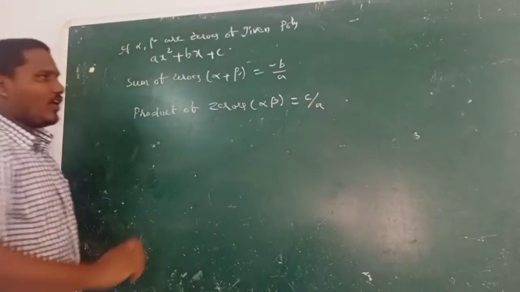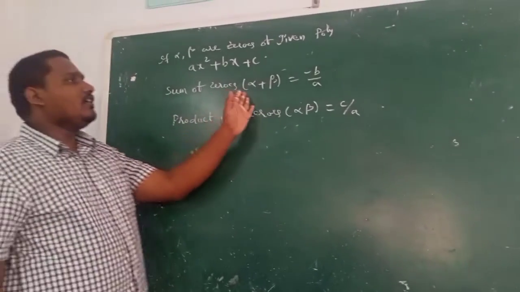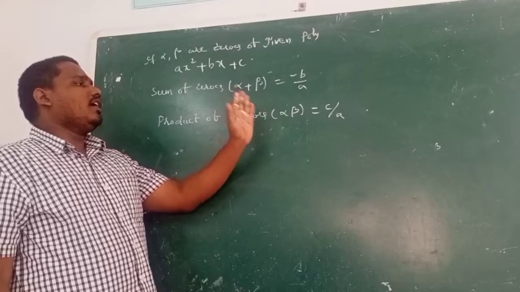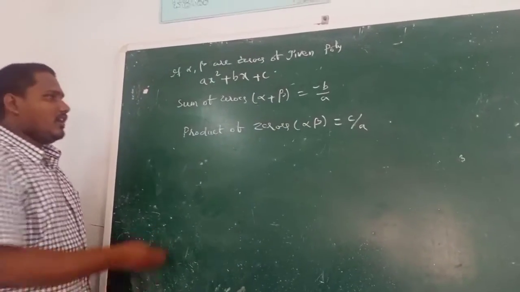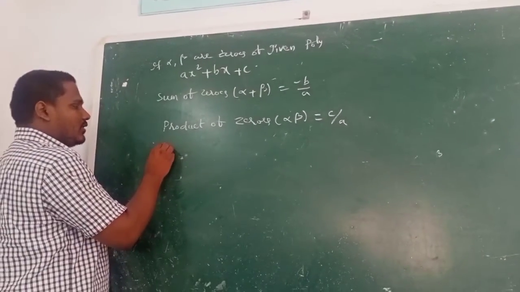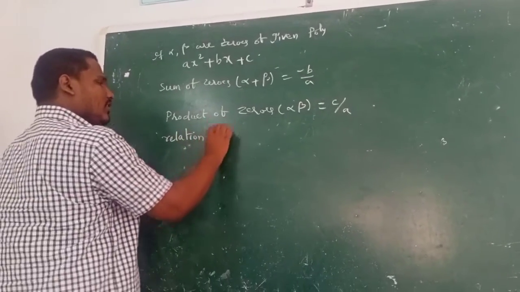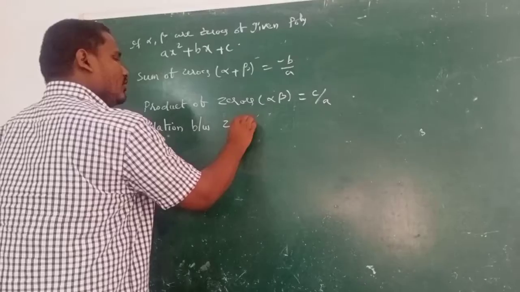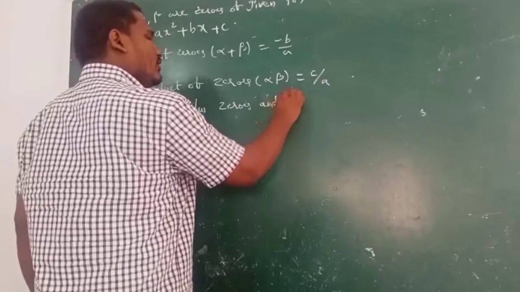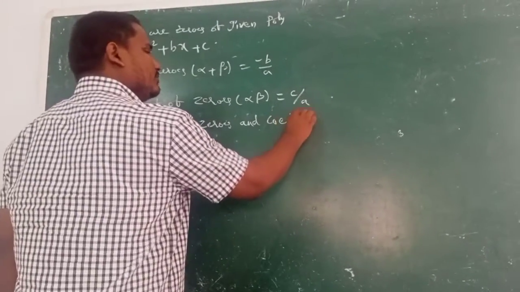These are the formulas for finding alpha plus beta and alpha beta. Here we are discussing the relation between zeros and coefficients of a polynomial.